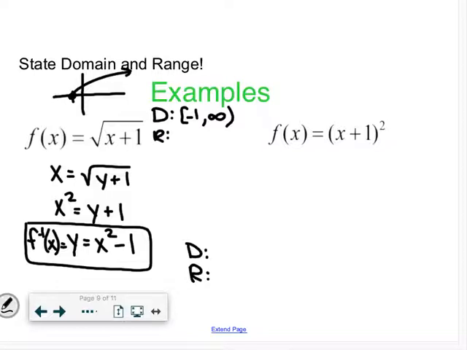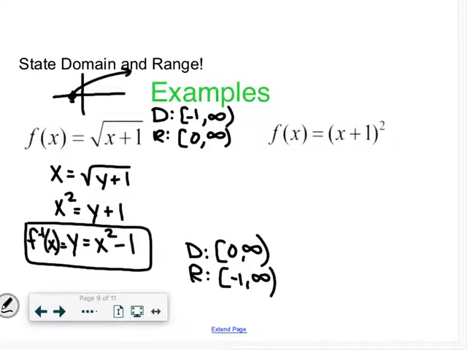What's the range of this graph? What's the first y that works? 0. So remember, the domain and the range of the original will be flip-flopped in your inverse. So our domain is now 0 to infinity, and our range is -1 to infinity.